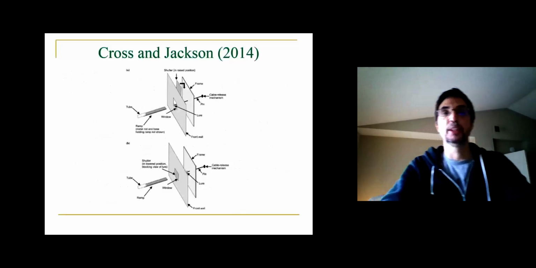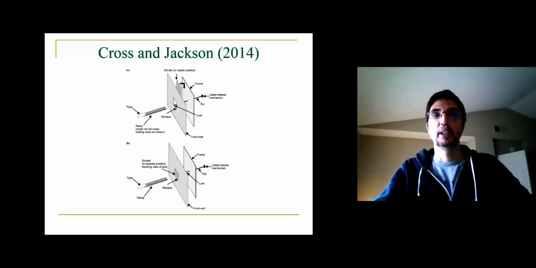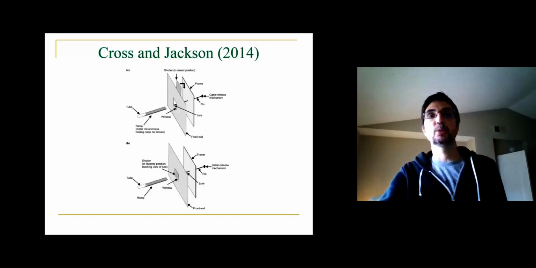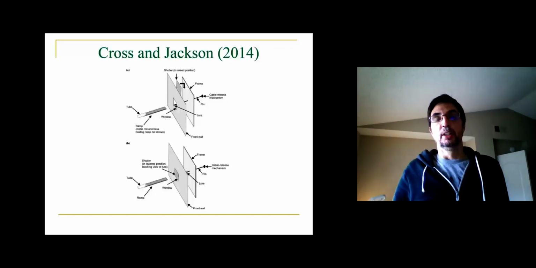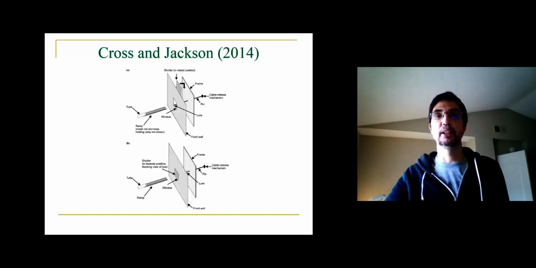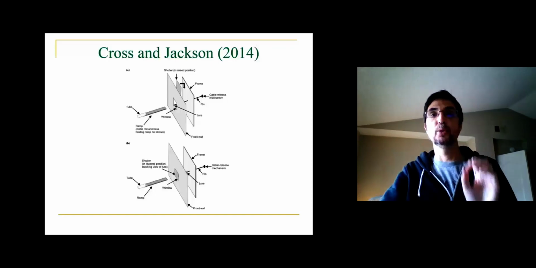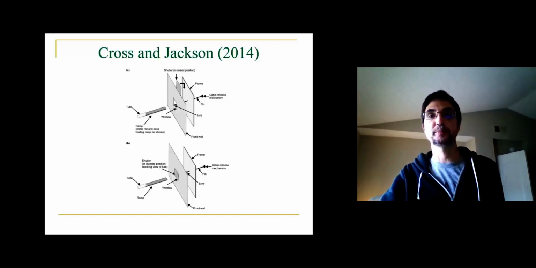So the setup for the experiment looks something like this. At the top we can see that there's a tube, and in the tube, that's where Portia is transported to the experiment. So from the tube, she can go up a ramp where she can get a good look at the lure that's presented in the window.